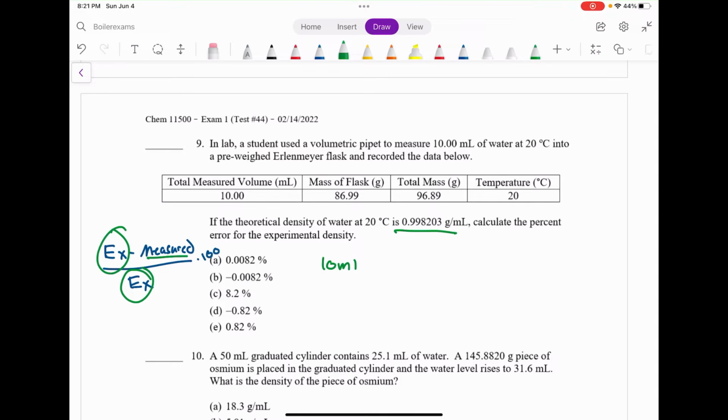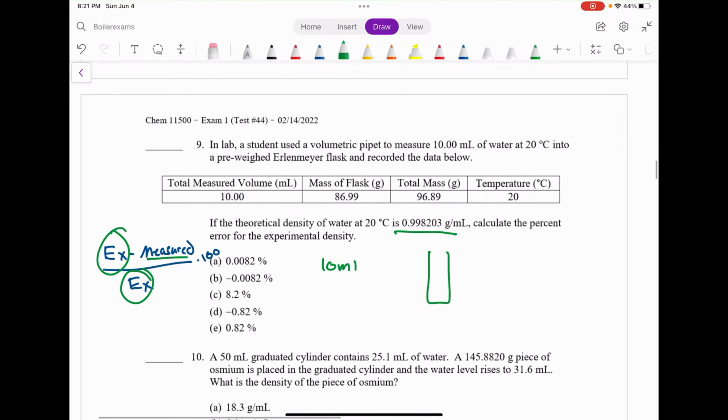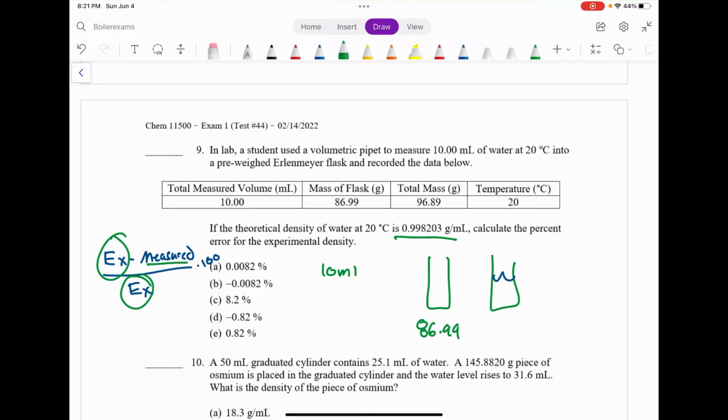The empty flask weighs 86.99, and the flask plus whatever water was in it was 96.89. If you subtract the total minus the weight of the flask, you get how much water you had.